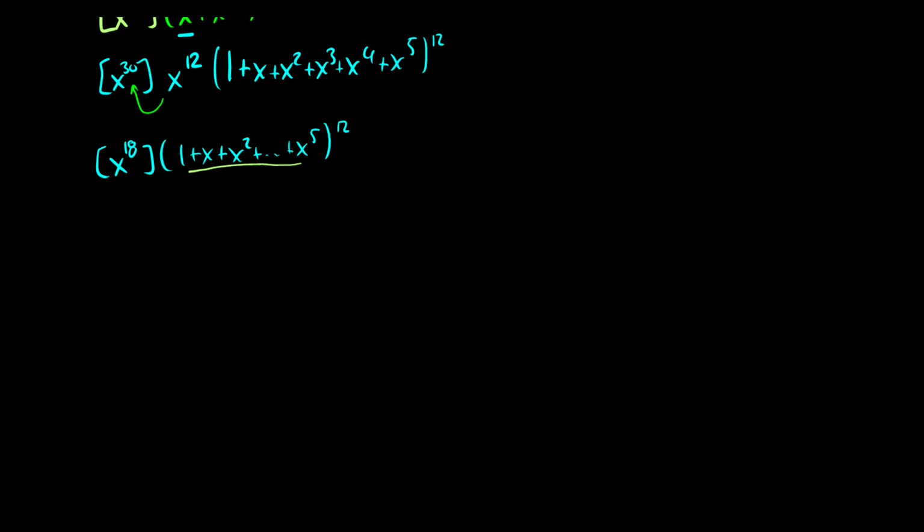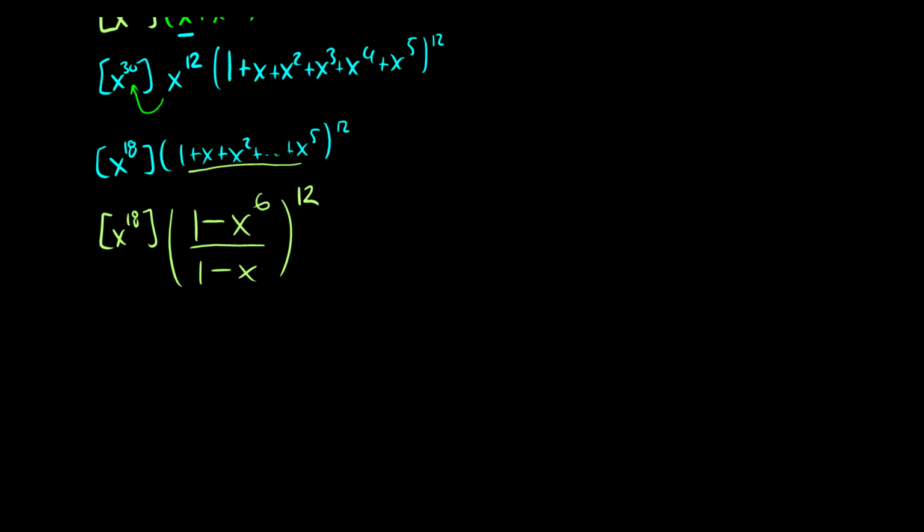Well, this is, of course, the 18th coefficient of 1 minus x to the 6th over 1 minus x. This was talked about in the previous video, so if you can't see this, please refer back to that one. And this is raised to the 12th power.